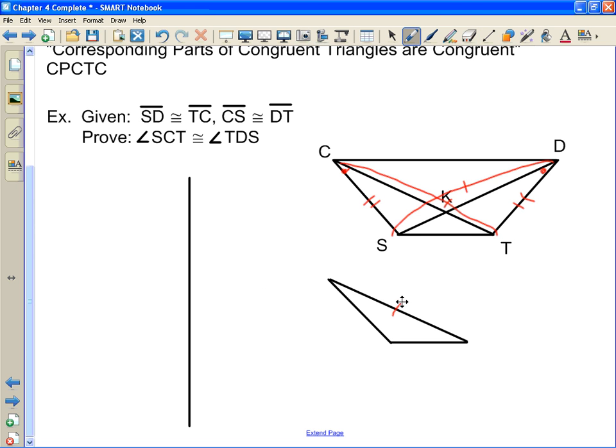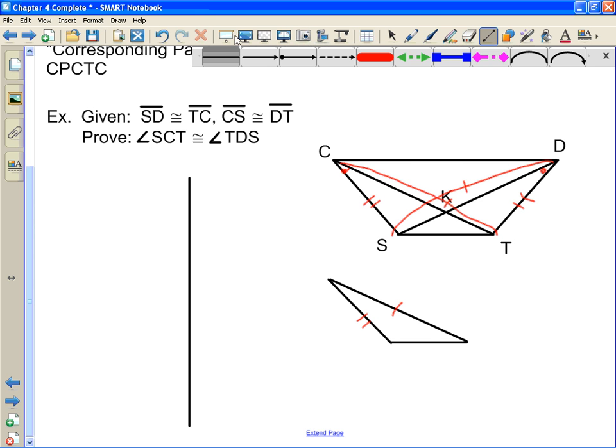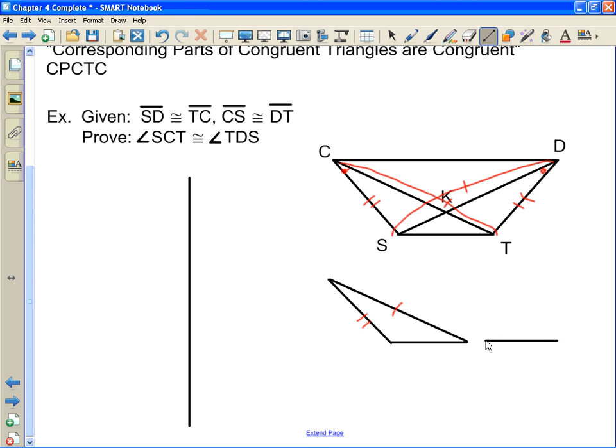On that triangle I've got this and this marked. I'm going to separate this other triangle out too, just trying to make it easier for myself to identify what parts I have and what parts I might need. And on this one I've got this and this.